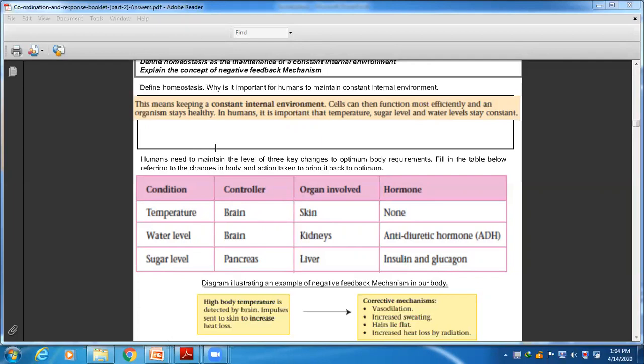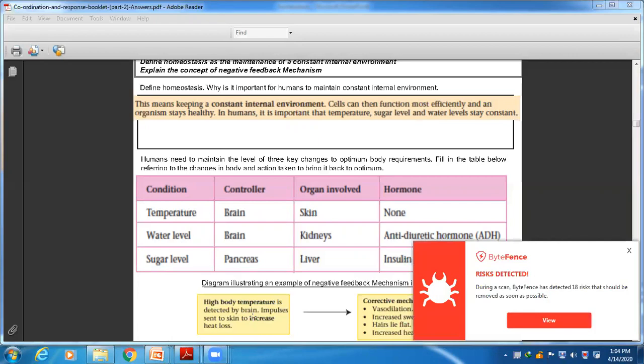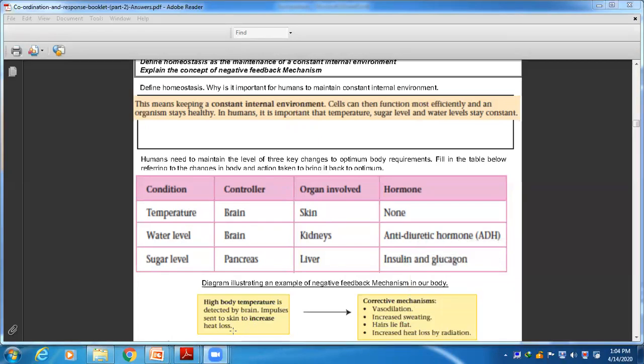Like, for example, high body temperature is detected by the brain, and I told you the part of the brain is the hypothalamus. So when it detects that temperature, an impulse will be sent to the skin to increase heat loss.